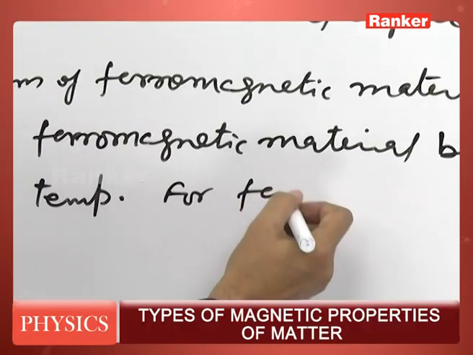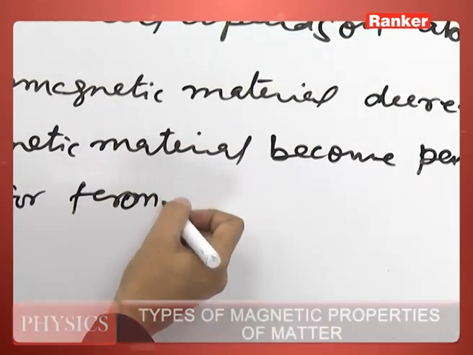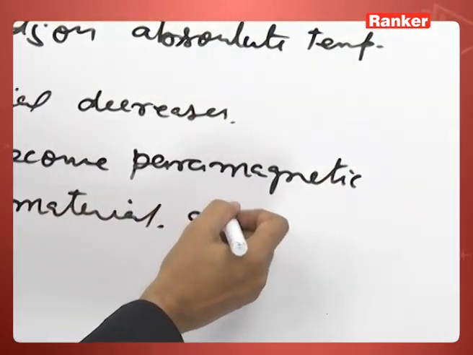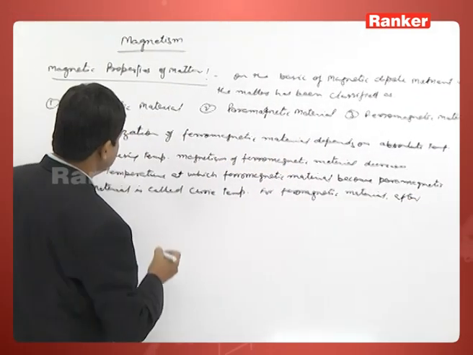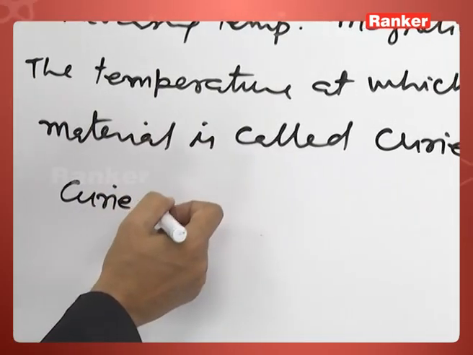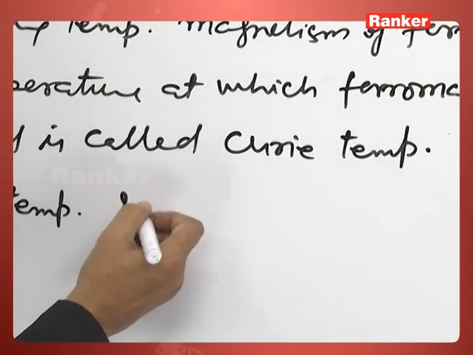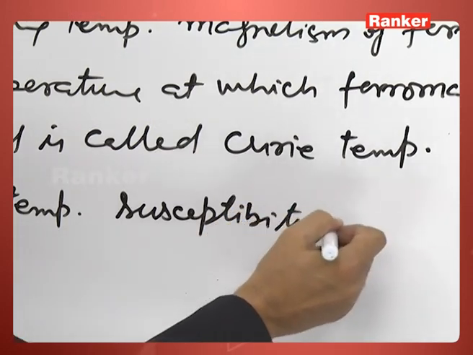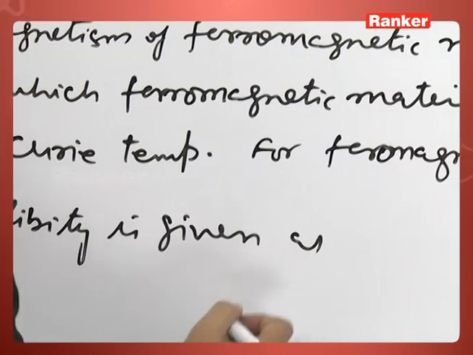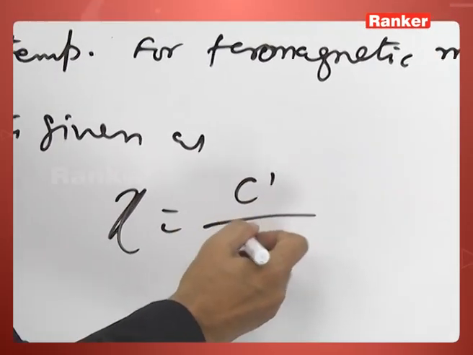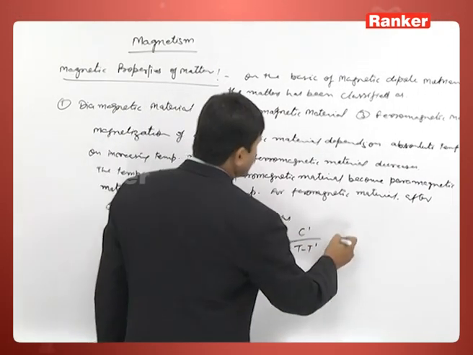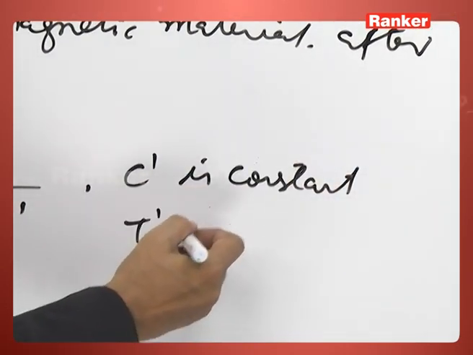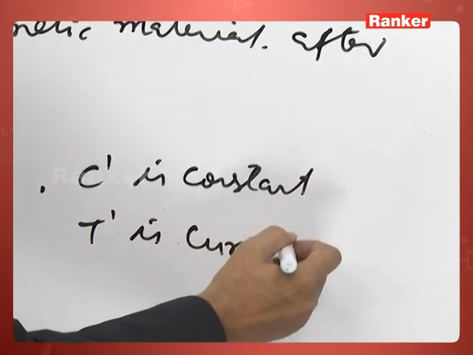So for a ferromagnetic material, after the Curie temperature, susceptibility is given as chi is equal to C dash by T minus T dash, where C dash is a constant and T dash is the Curie temperature.